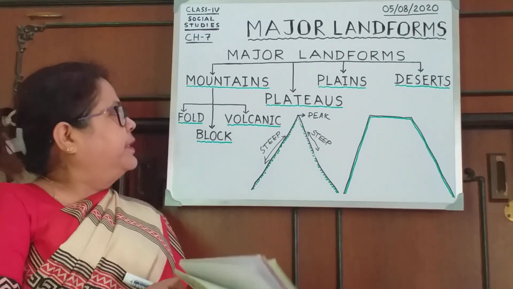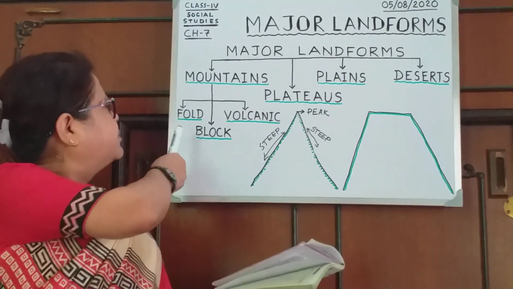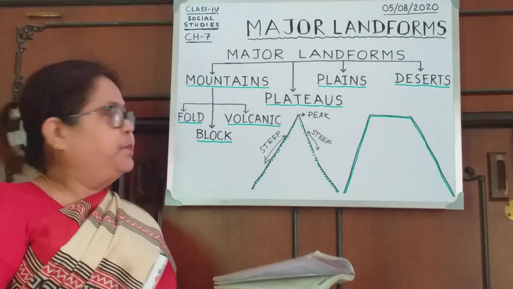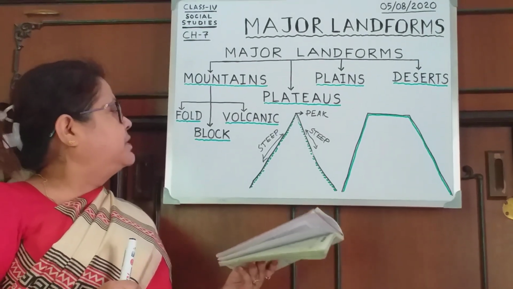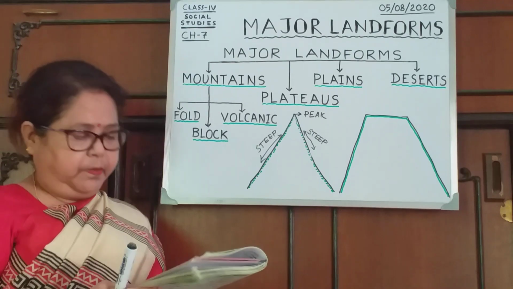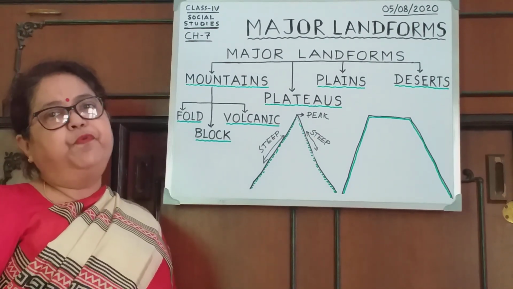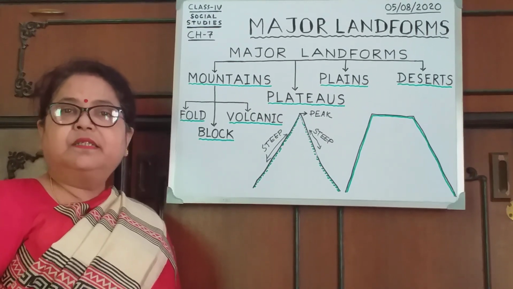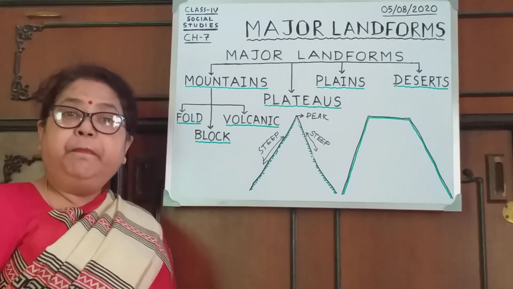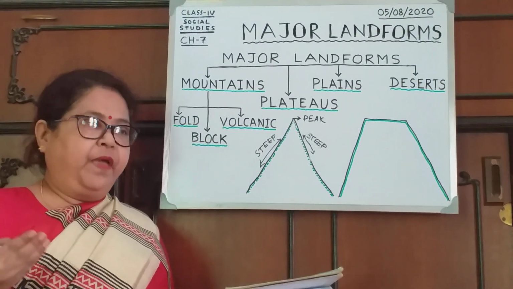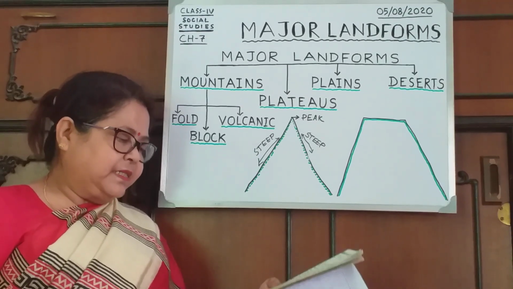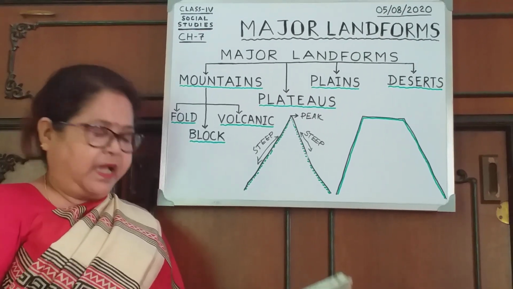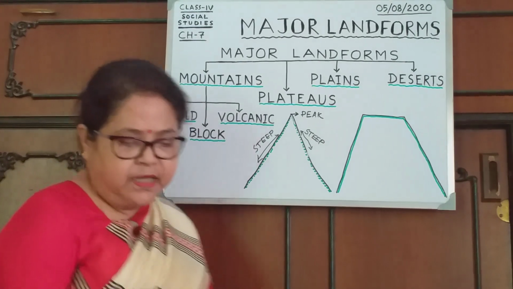Now in this chapter there are 3 types of mountains explained: fold mountains, block mountains and volcanic mountains. Now what is a fold mountain? Under the surface of the earth there are many tectonic plates. When these tectonic plates get pressure from 2 sides, they get folded.